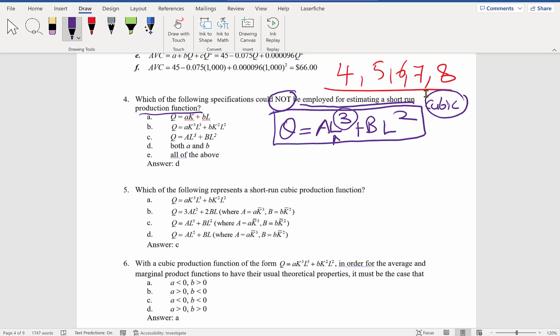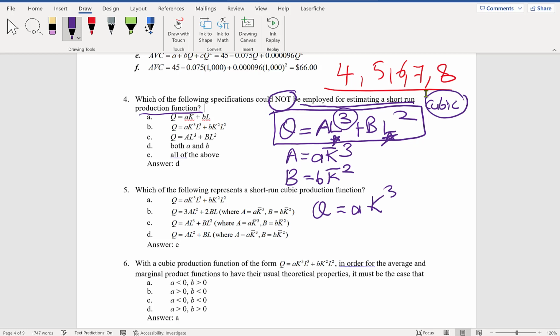And labor is the only variable input. What are these A's and B's? So A, for instance, is little a, K bar raised to the power 3. And B, capital B, is little b, K bar raised to the power 2. What does it mean? We have a cubic production function looking like this.